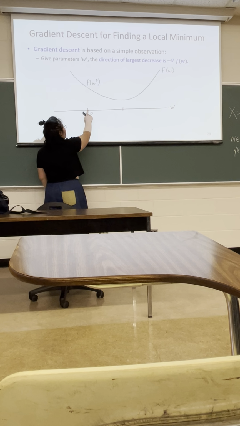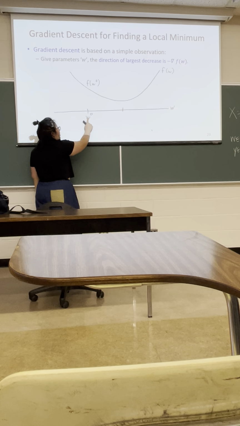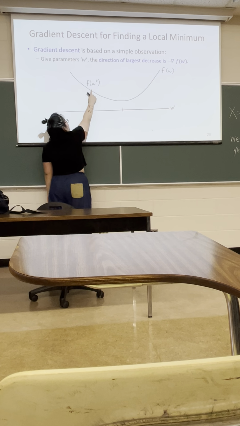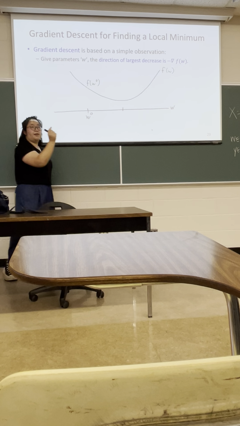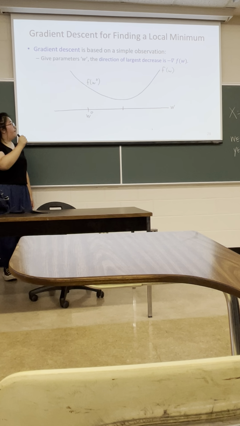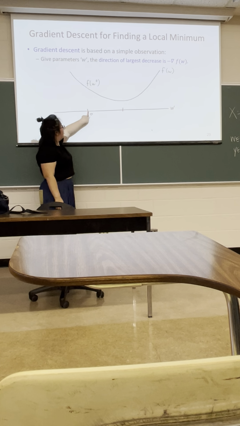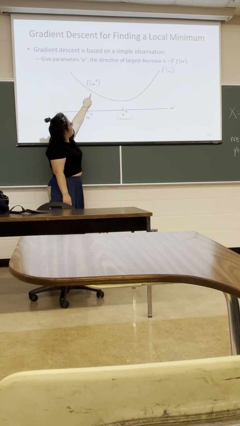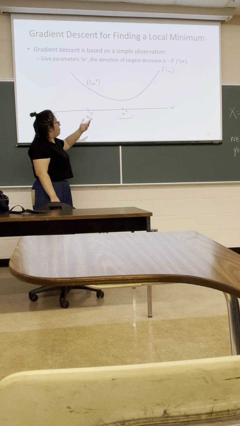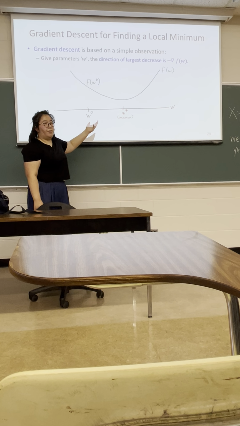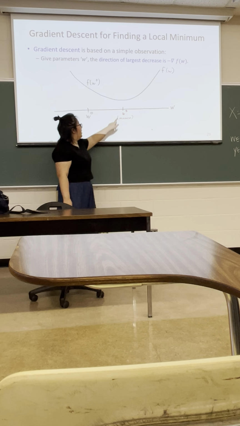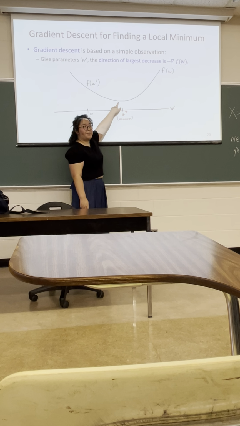We start from this value, and we input this value into our loss function, so we can calculate the value of this cost function. And then we want to take the derivative at this point. Definitely, because this is a very simple example, we can visually find the minimum, which is in this area.